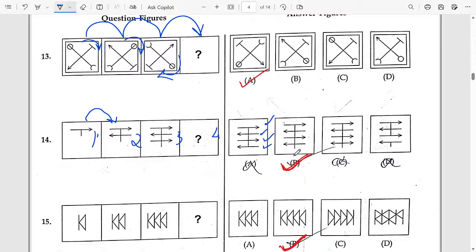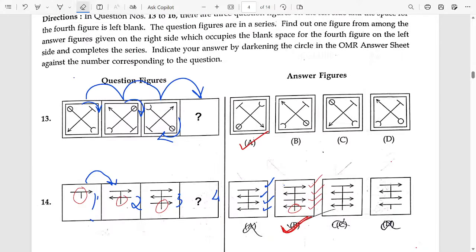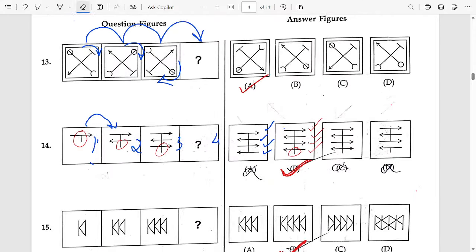So then the answer will be option B, not A. Understood? An extra vertical line should be there at the end. So the answer will be option B for the 14th question.